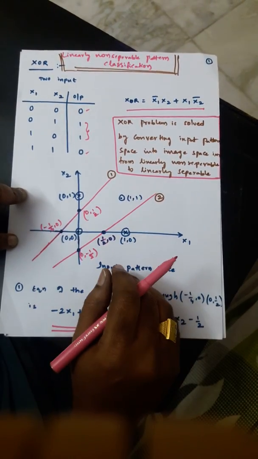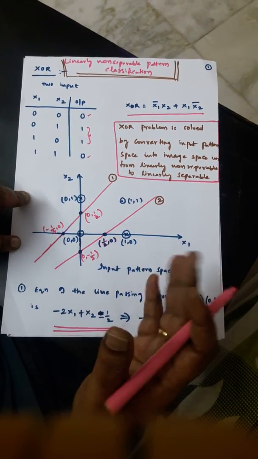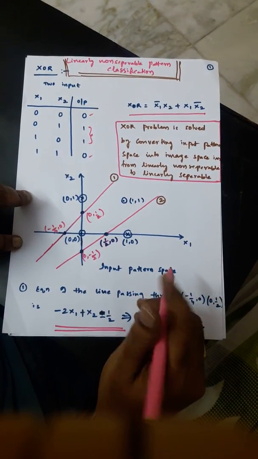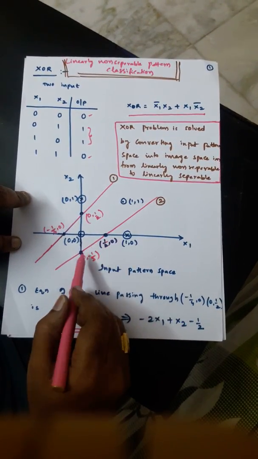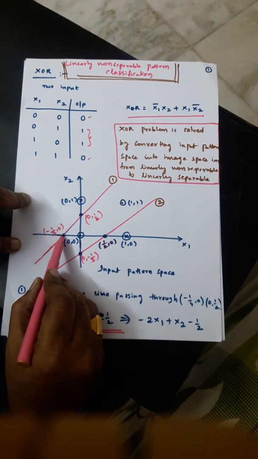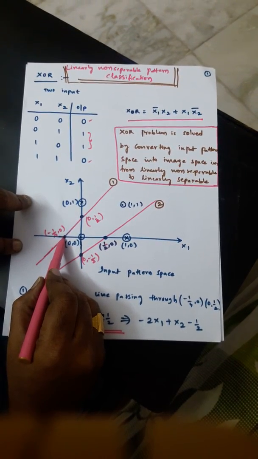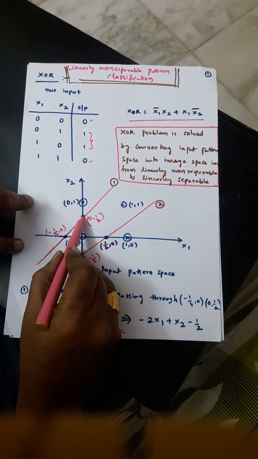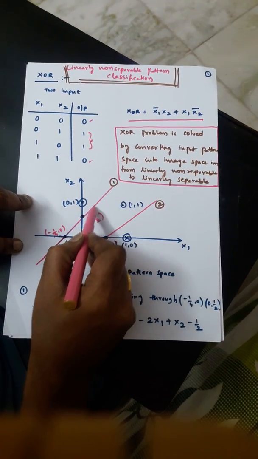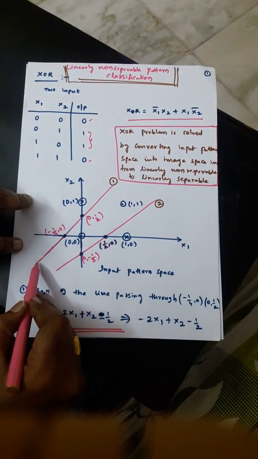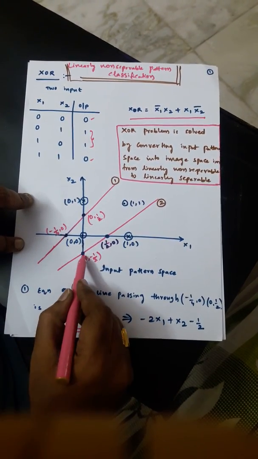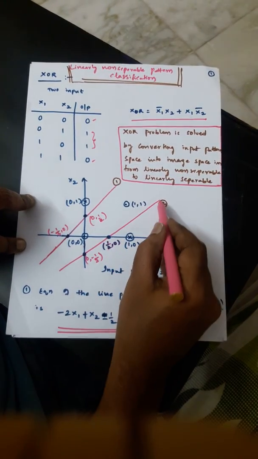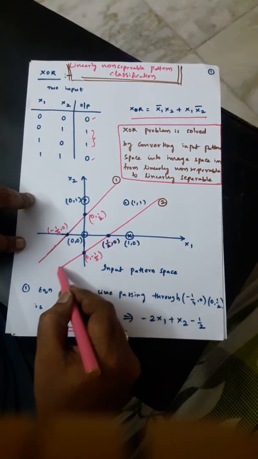There is no general rule that I have to consider these points only, but let me consider 2 points, minus 1 by 4, 0, which is this point, and 0, 1 by 2. Draw a line. In the same way take another 2 points, 0, minus 1 by 2 and 1 by 2, 0. Draw another line from these 2 points.